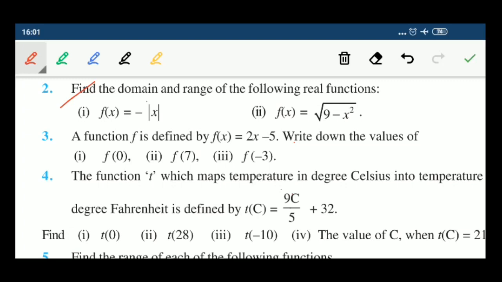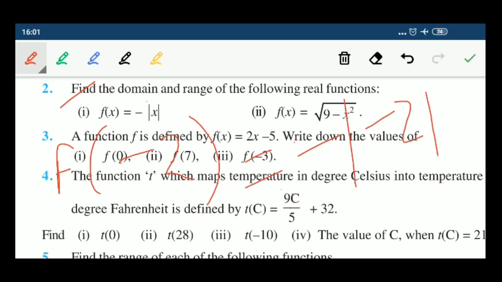With an example, I will explain. Now see very carefully. Take x as 2 and its modulus value is 2, and x as minus 2, its modulus value is also 2.